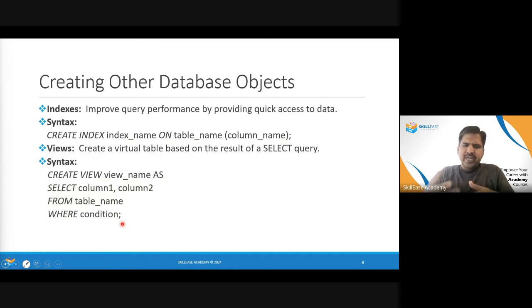Whenever you create that kind of view, you will get the information for the customers who were created in 2024. If you use the view, you will only see the data for first name and last name.